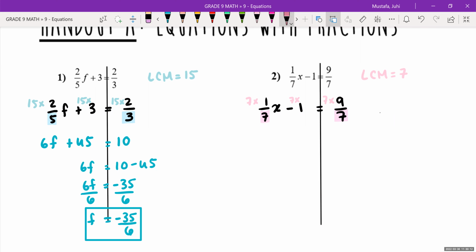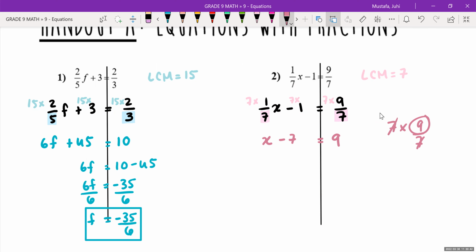Okay, so what is 7 times 1 over 7? Yeah, it's just going to be 1x, because 7 times 1 is 7, and 7 divided by 7 is just a 1, so you get a 1x, but you don't need to write the 1. What is 7 times negative 1? Negative 7. And look, the next one is 7 times 9 over 7. If you cross reduce those, you're left with just the number 9.